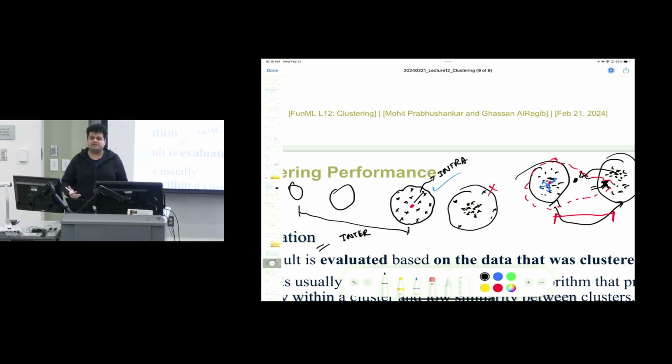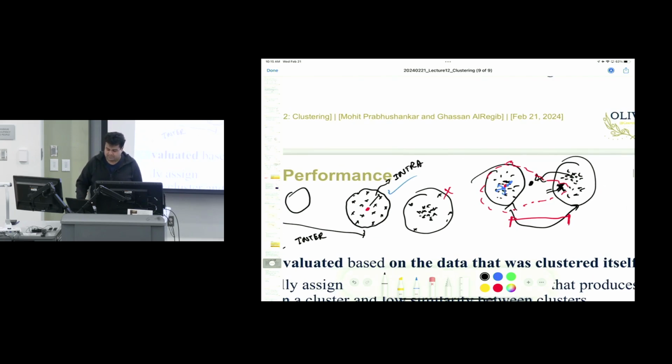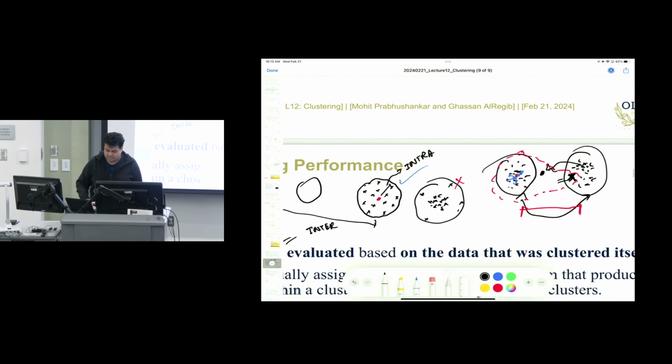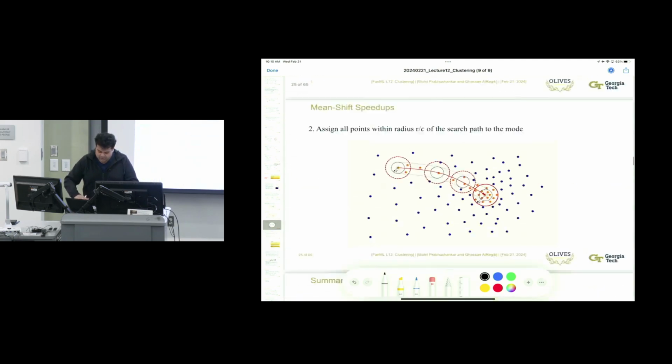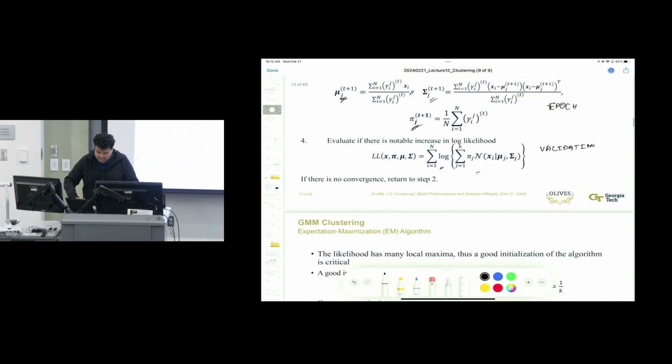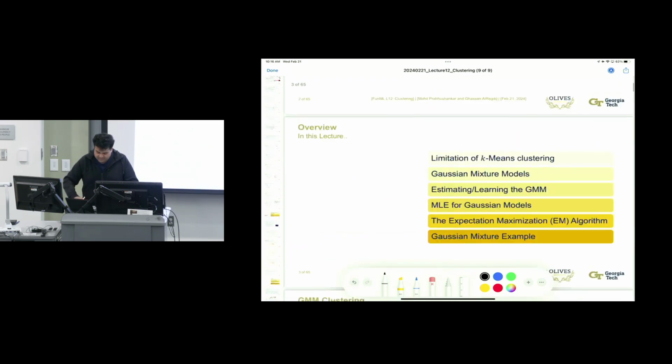So any algorithm, yes, question? Yeah, this doesn't make as much sense when all data is easily separable, but when it's not separable, if I show you in something like this, where was that?